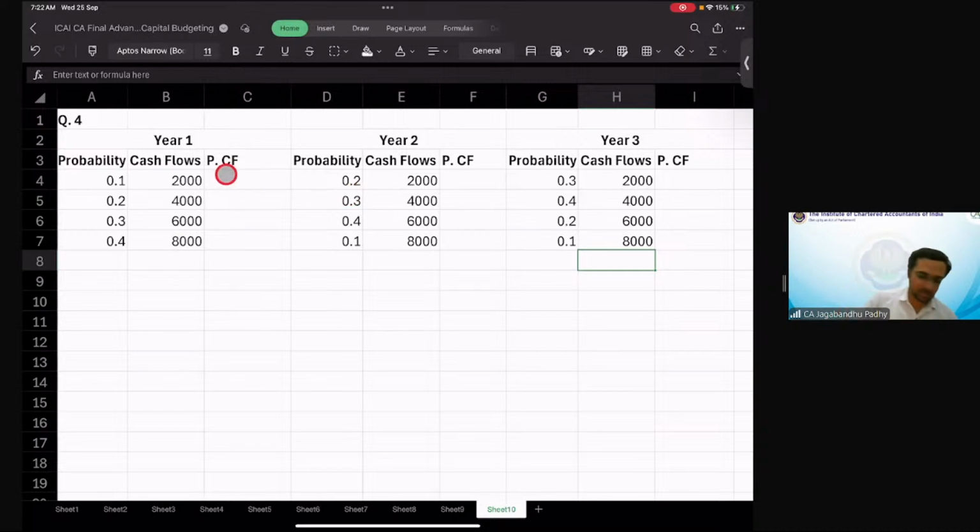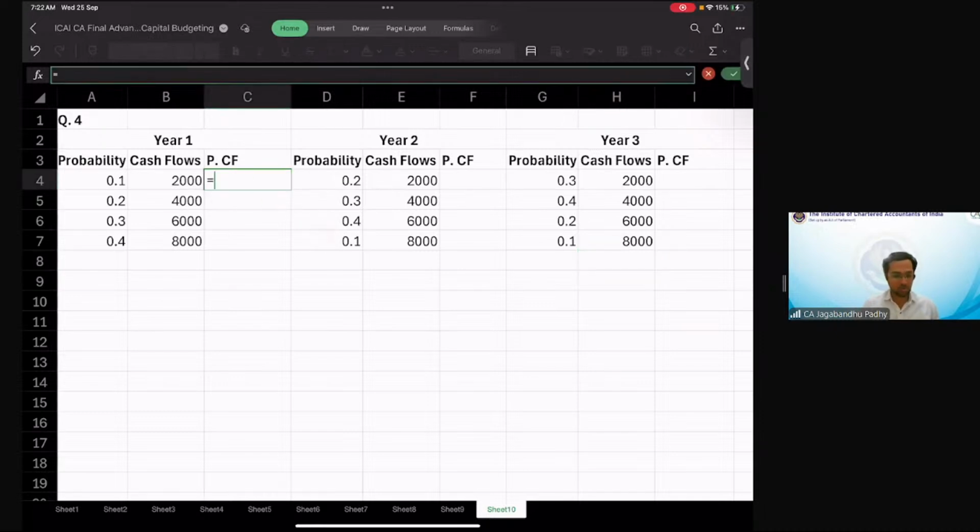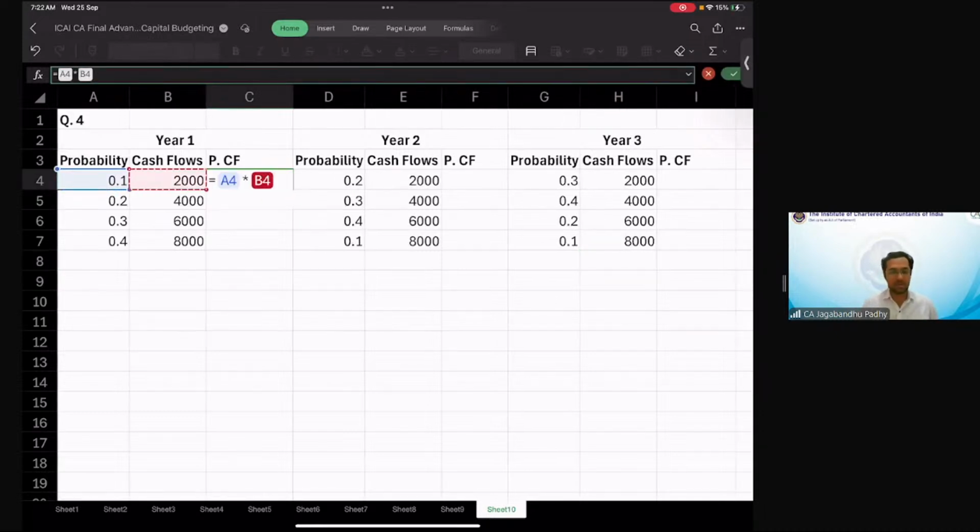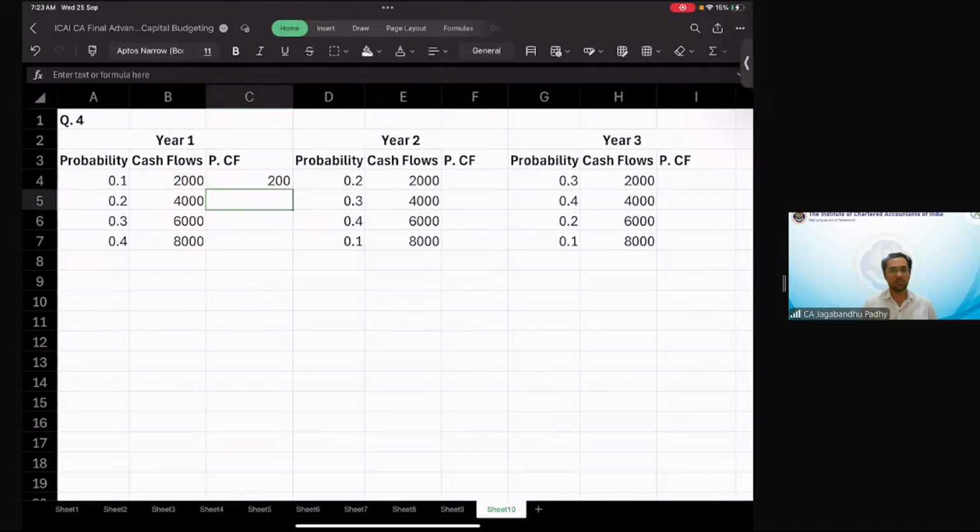So let's look at the calculation of expected cash flow. Now, expected cash flow can be computed on similar lines to what we have been doing. So that's going to be 0.1 multiplied by the cash flows. So simply take the summation of the product of the cash flows and the probability.